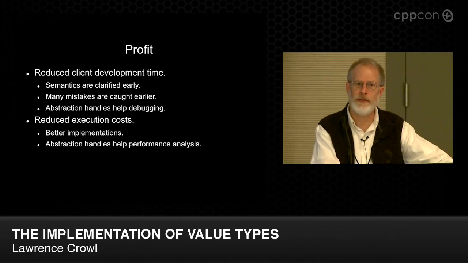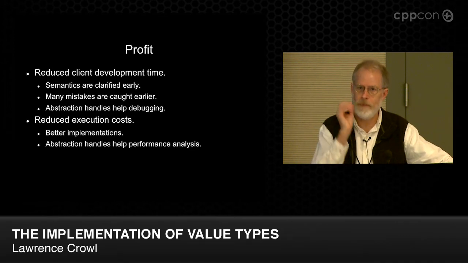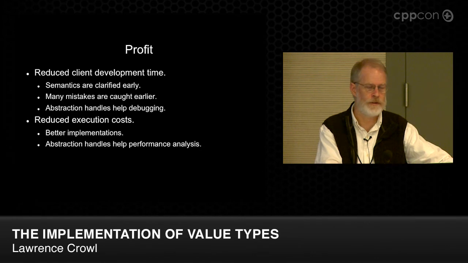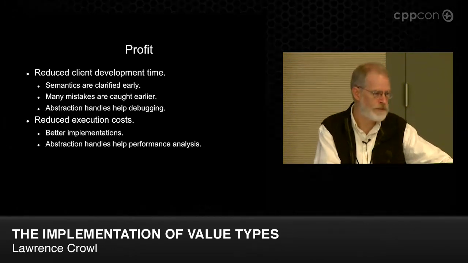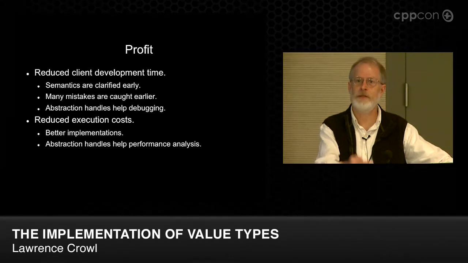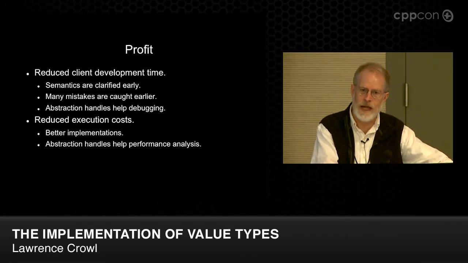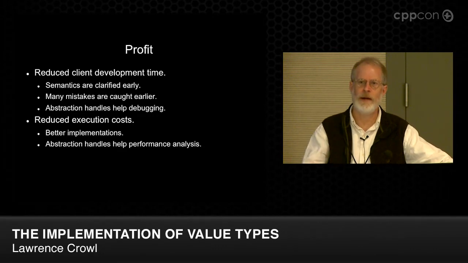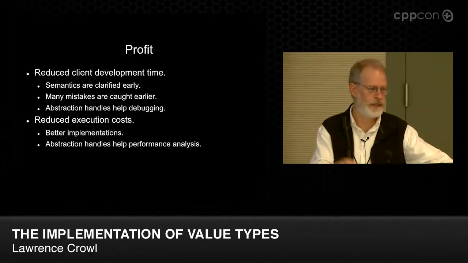There's a handle out there for when things go wrong. They can breakpoint on member functions of these value types. All kinds of goodness in debugging and performance analysis. And you potentially get reduced execution time because you've done a lot of careful optimization in the implementation of the type. Now the compiler can pick up all of that work, just slide it in, and carry on.